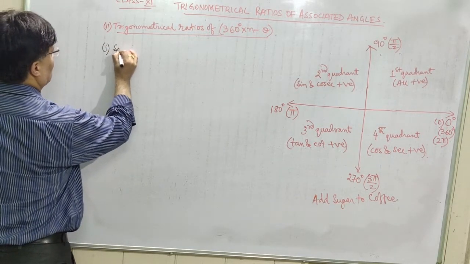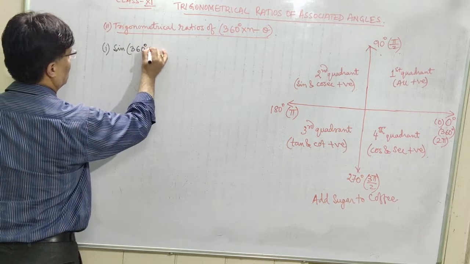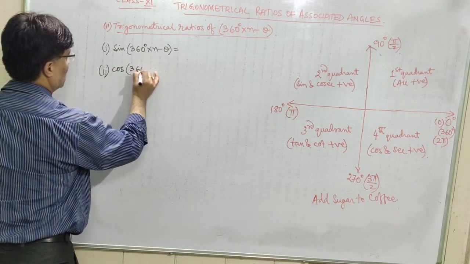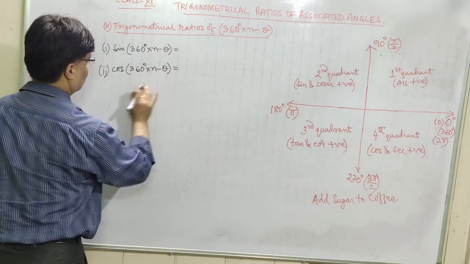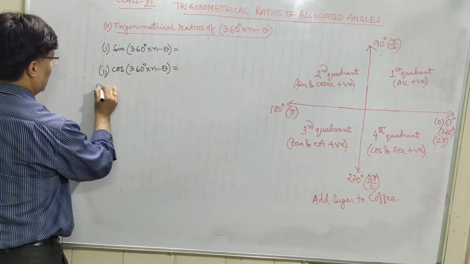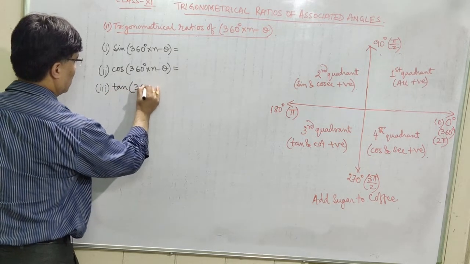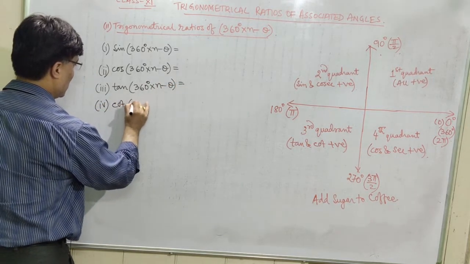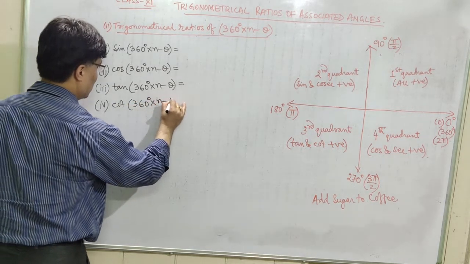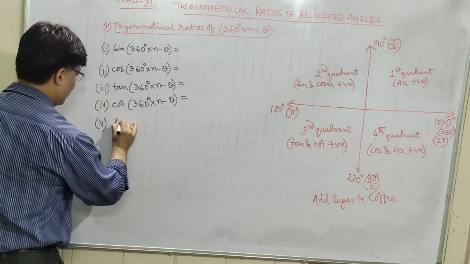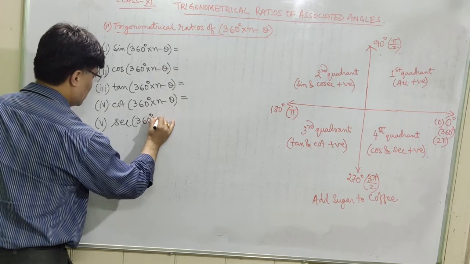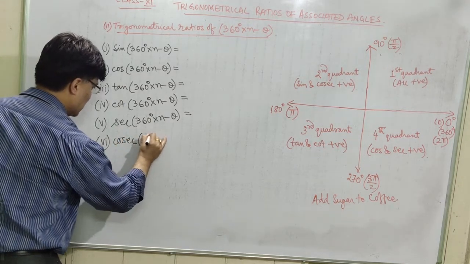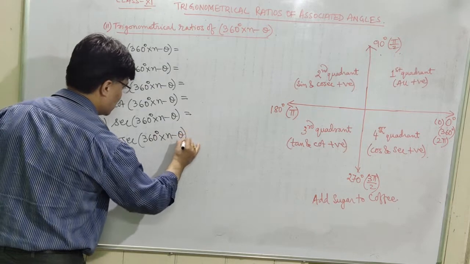Number 1, sine 360 degree into n minus theta; number 2, cos 360 degree into n minus theta; number 3, tan 360 degree into n minus theta; number 4, cot 360 degree into n minus theta; number 5, sec 360 into n minus theta; and number 6, cosec 360 degree into n minus theta.